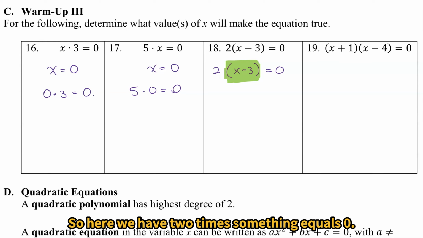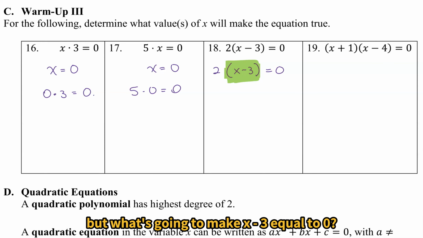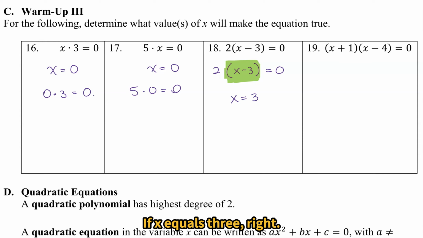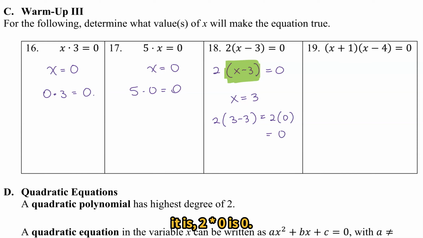So here we have 2 times something equals 0. We need that something to be 0. But what's going to make x minus 3 equal to 0? If x equals 3. Right, so let's try it out. 2 times (3 minus 3). 3 minus 3 is 0. There it is. 2 times 0 is 0.